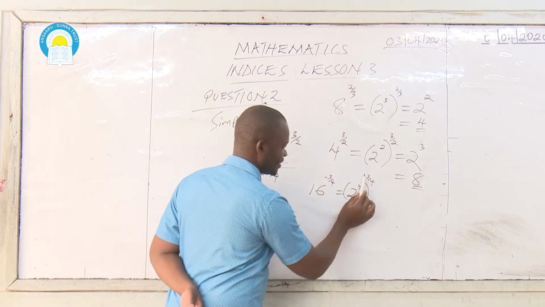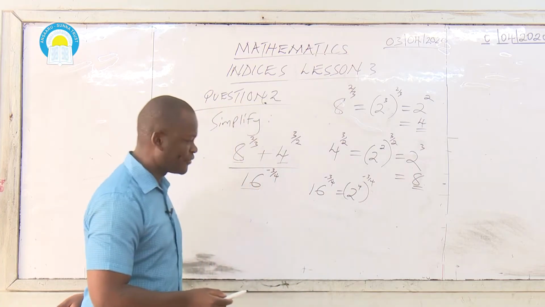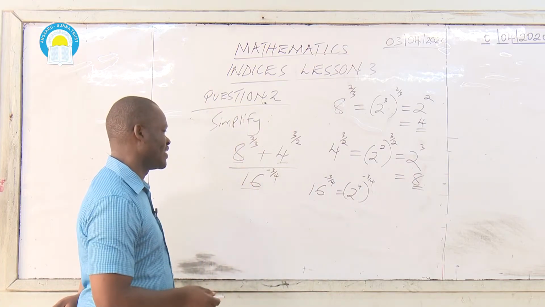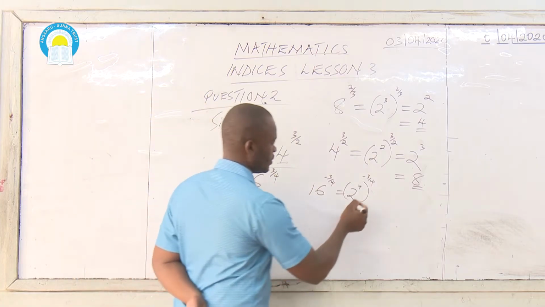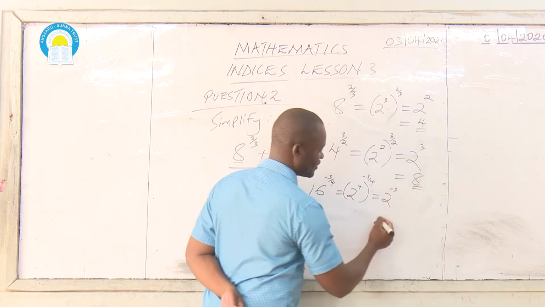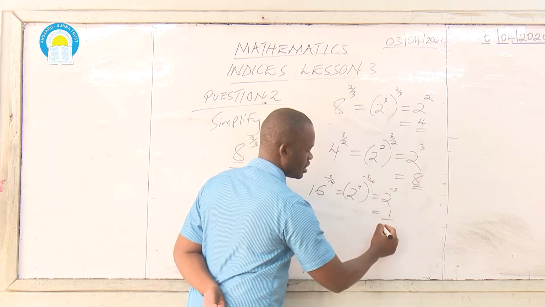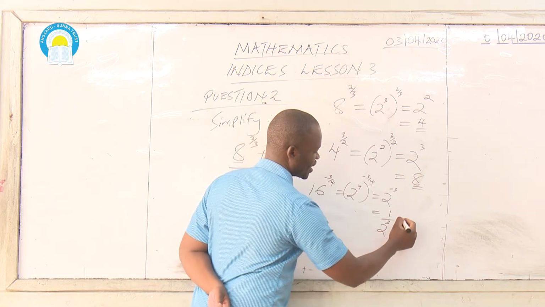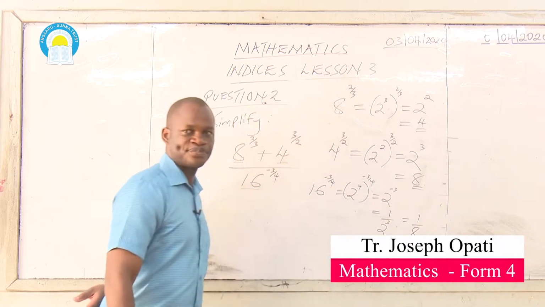Multiply negative 3 over 4 times 4, in accordance with the fifth law that I gave you. So this by this will give you 2 power negative 3, which is same as 1 over 2 power 3.